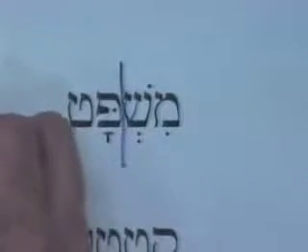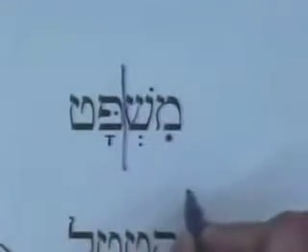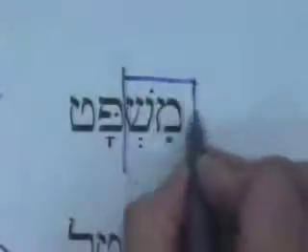If we transliterated this, it would be mish pat. Let's look at our vowels, by the way. Is this a long or a short vowel? That's a hirek, which means it's a short vowel. And theoretically, a short vowel should be in a closed syllable. Well, it is. This syllable is closed.